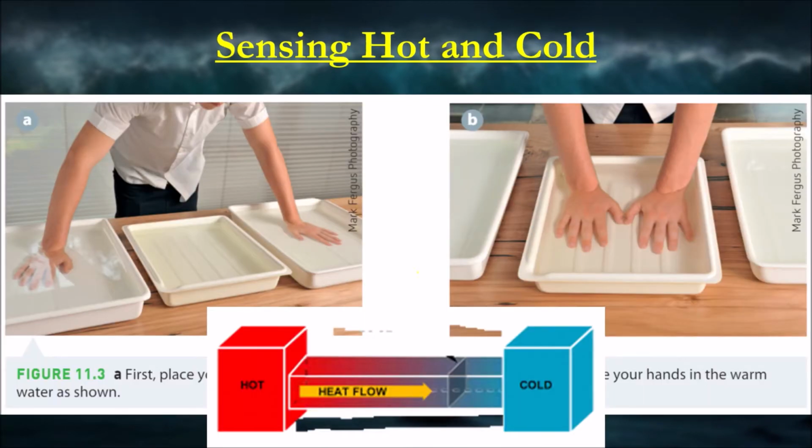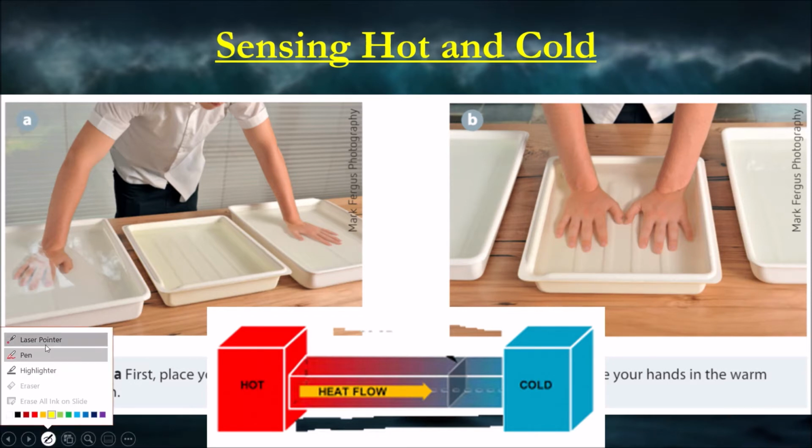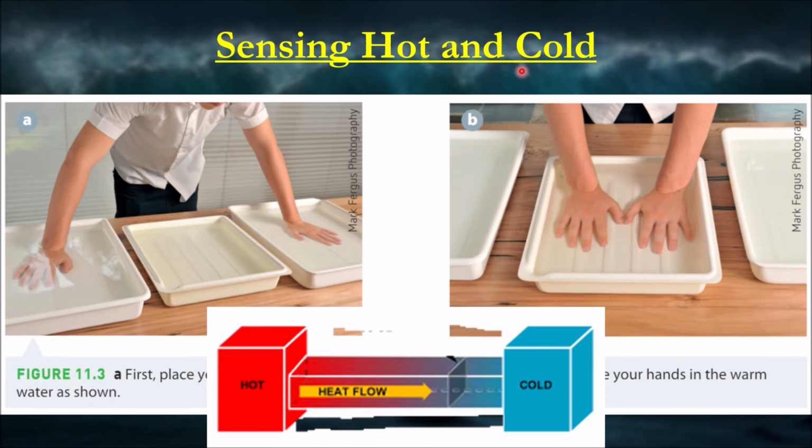All right, let's first talk about heat transfer, and look at the concept of thermal equilibrium. We talked about in the previous video that the ability to sense heat or cold has to do with how well heat is transferred from one component to another.